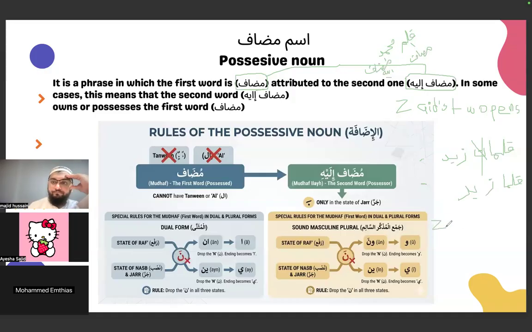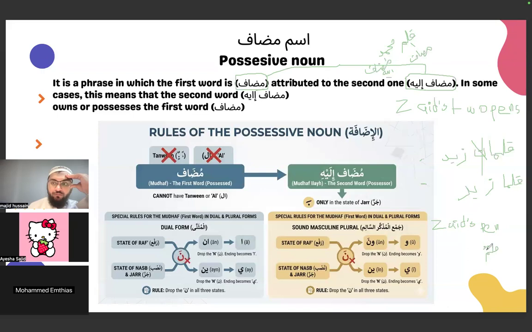Zaid's pen. How do I say pen in Arabic? Qalam. You need to tell me the Arabic, no? Qaf lam mim, qalam. Instead of rafa, qalam will be what? Qalamun. Yes, qalamun.